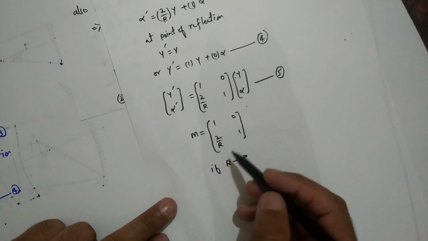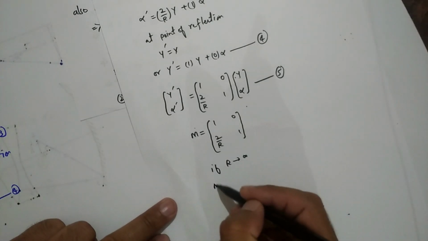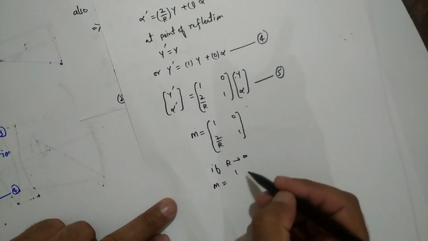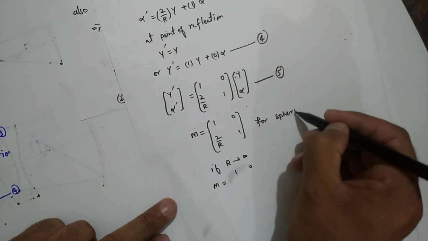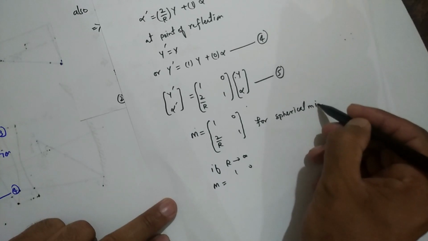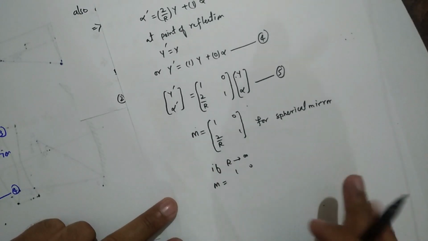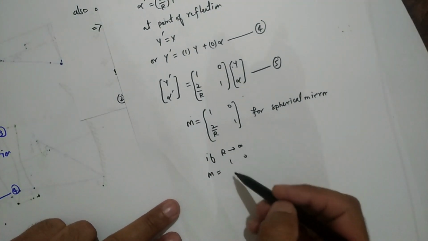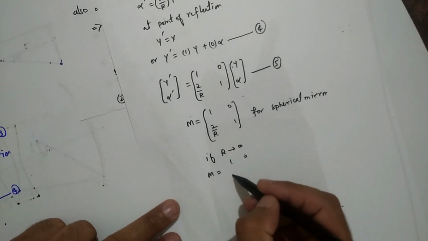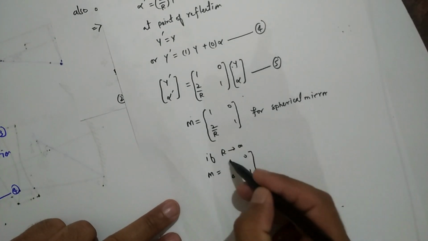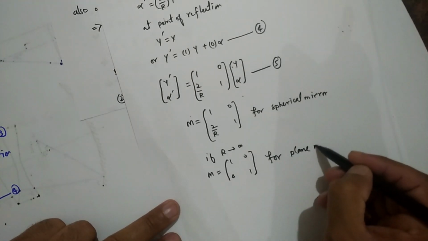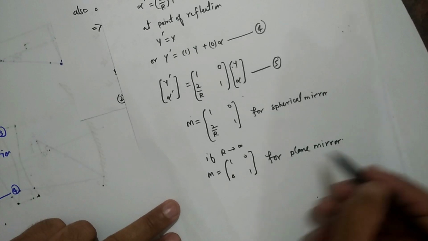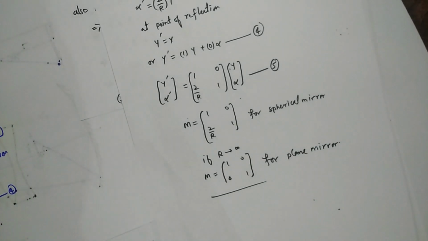So for a plane mirror, M will be equal to 1 0, 0 1. The first is the matrix for a spherical mirror, and if r tends to infinity, this will be 1 0, 0 1, which is for a plane mirror. So we should memorize these equations. Thank you very much.